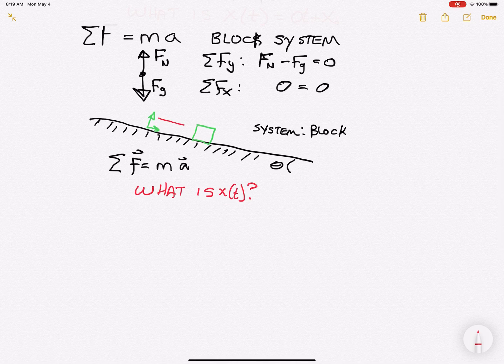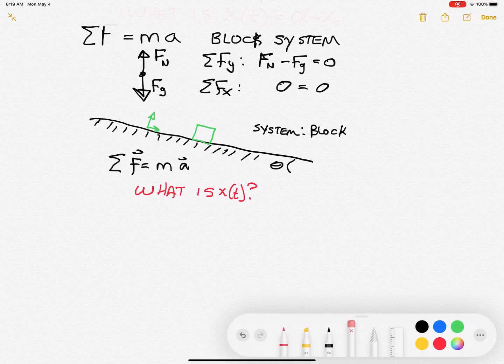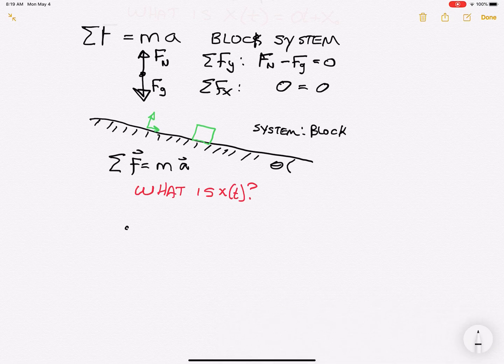Alrighty, so where were we? So we would do what we did at the beginning of the semester. We would draw a free body diagram.